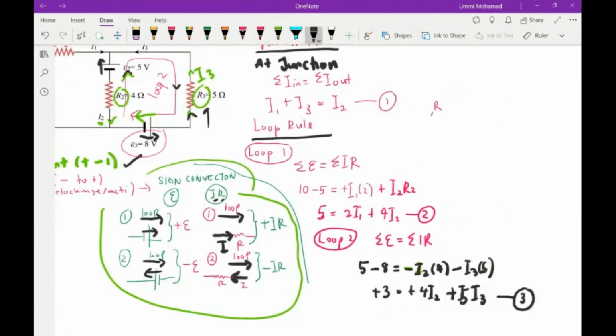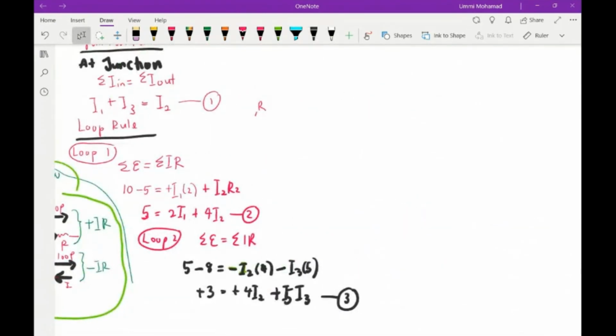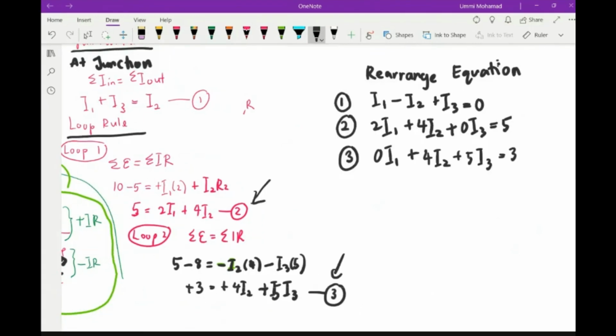The next thing to do is calculation to get the final values of I1, I2, I3. How to start? First, we need to rearrange the equations because we want to put them in matrix form. It's going to be 1, negative 1, 1, 0, 2, 4, 0, 5, 0, 4, 5, 3.